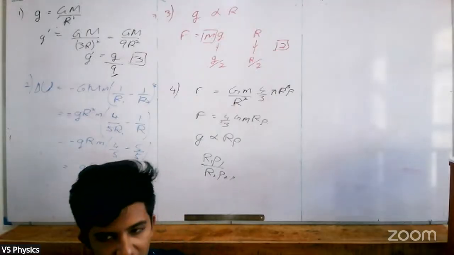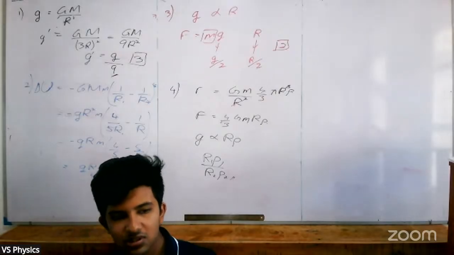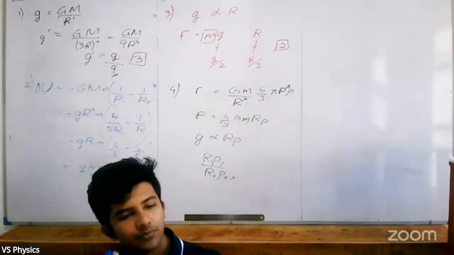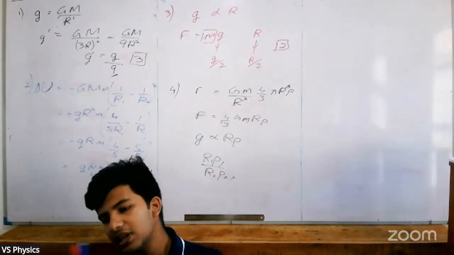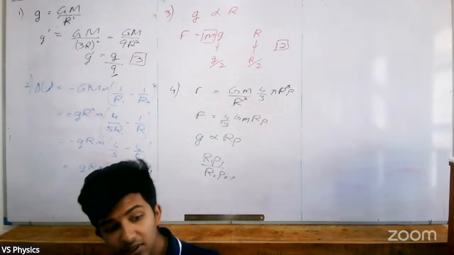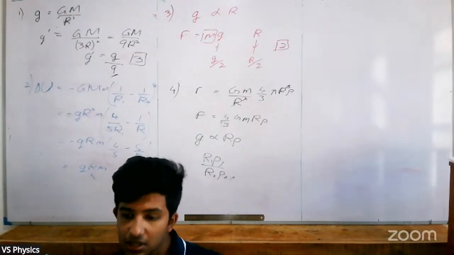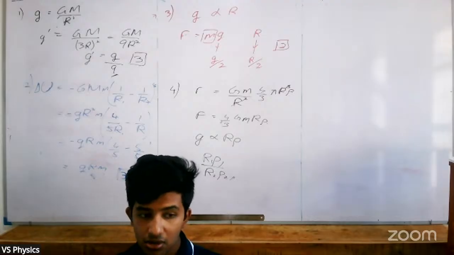The acceleration too, and what is acceleration by the way? Centripetal acceleration, which has the radius below the force. So when the radius increases, everything will decrease. Yes, potential energy will decrease.